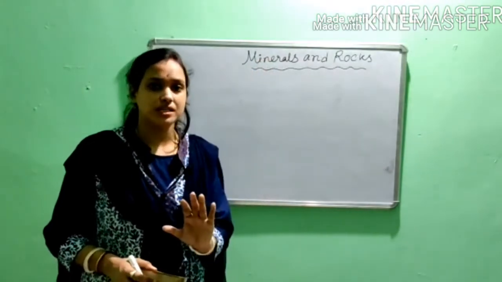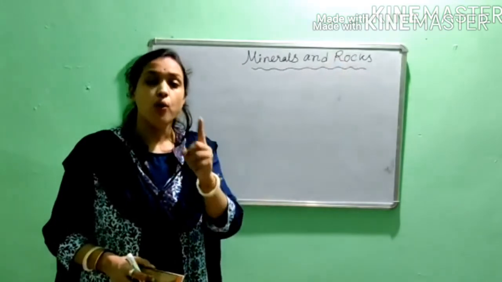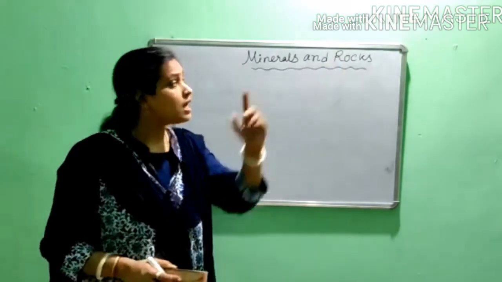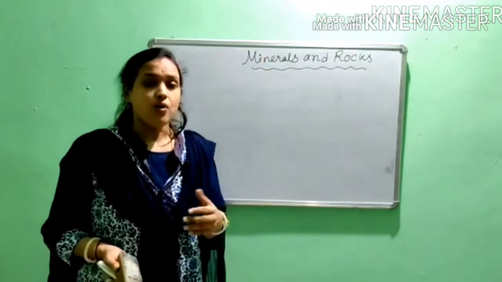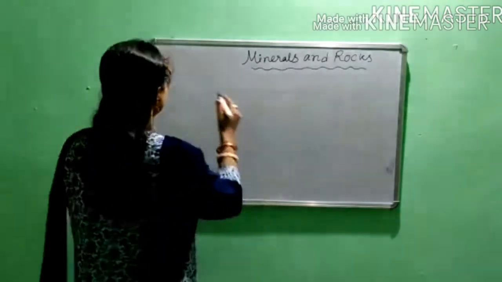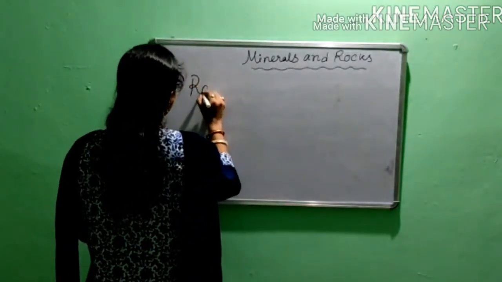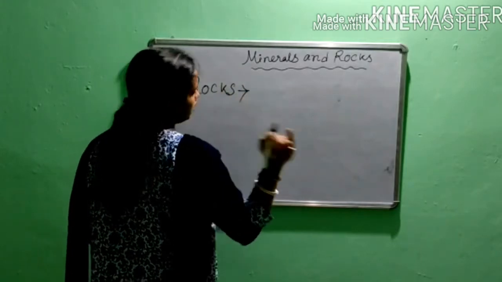So simply we can say rocks are an aggregation of one or more minerals of the earth crust. Now rocks are divided into three categories.